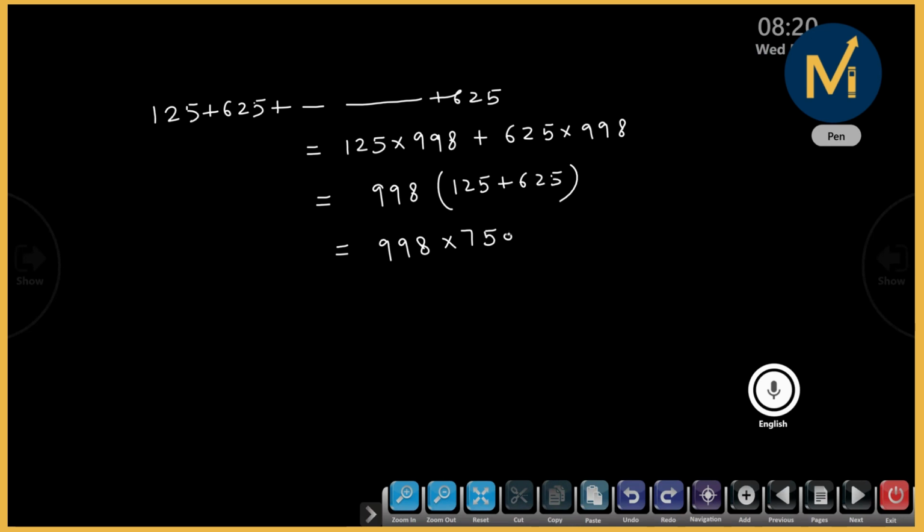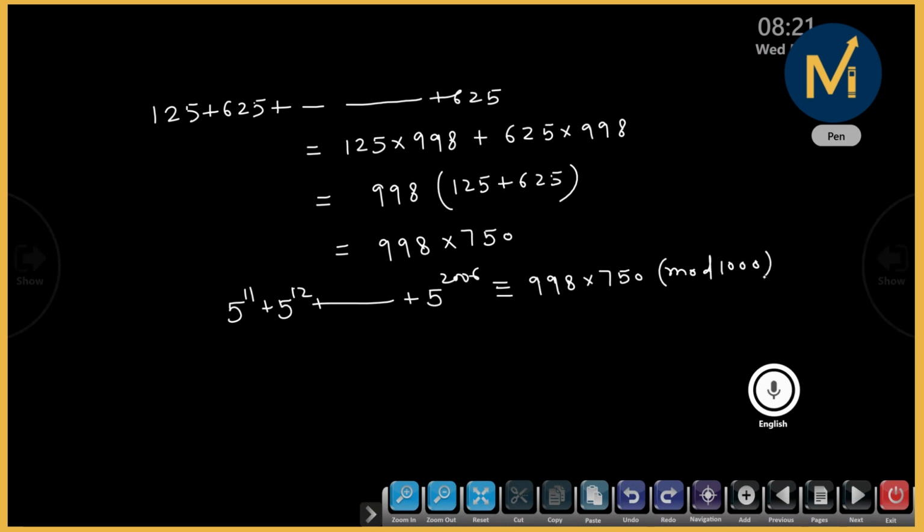So your sum, the sum I am talking about, 5 raised to 11, 5 raised to 12, up to 5 raised to 2006, is congruent to 998 into 750 modulo 1000, or this is minus 2 modulo 1000.